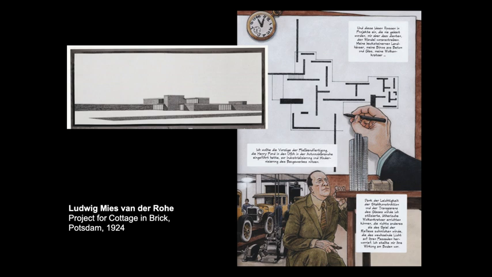Well, Mies, Ludwig Mies, gave himself the name van der Rohe after the name of his mother, Rohe. And the van der is something he added, and at last he was called Ludwig Mies van der Rohe.